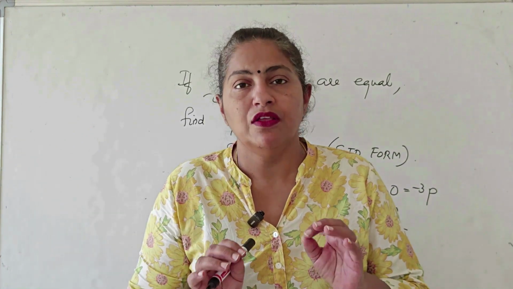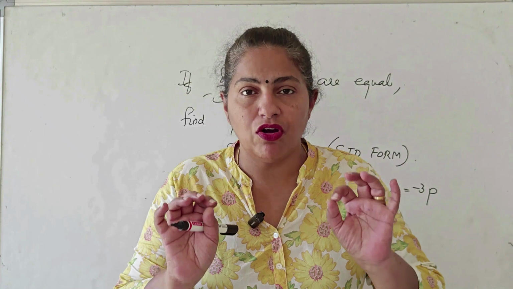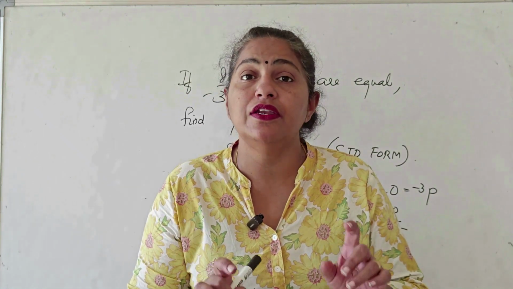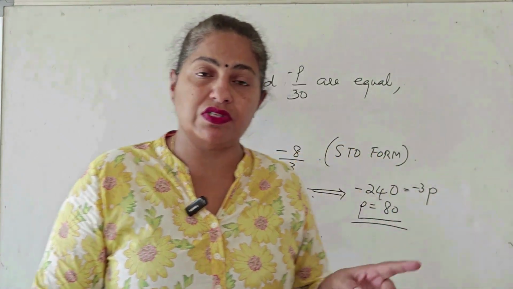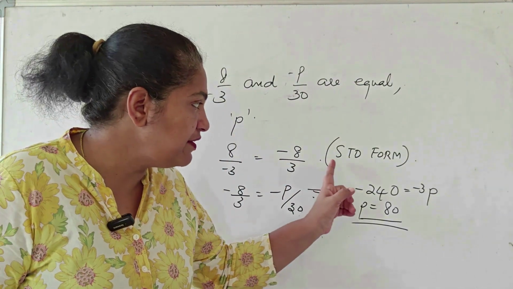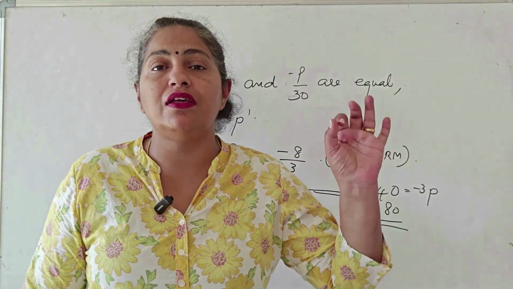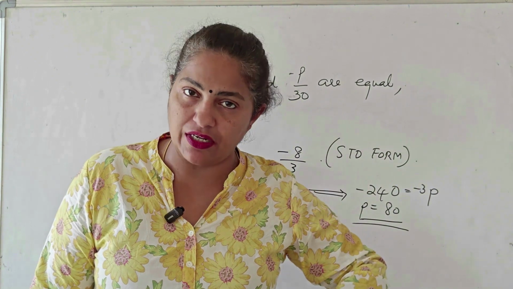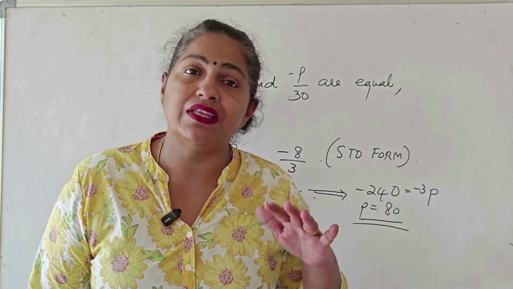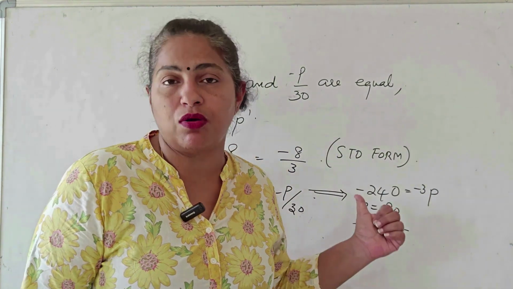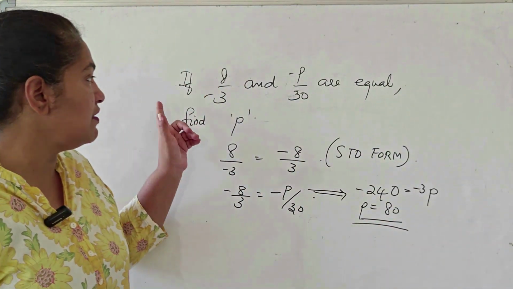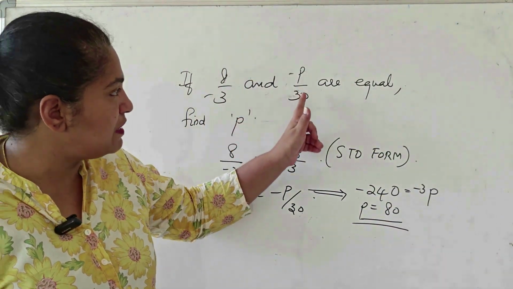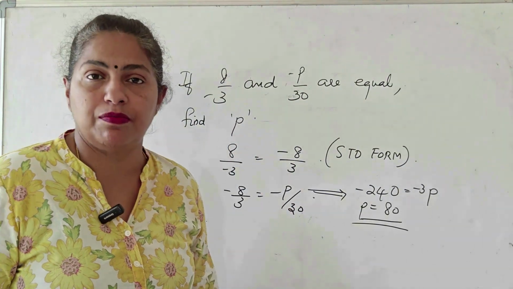One main point you get from this question is that you always need to convert each and every rational number into standard form before you proceed with any problems like this.